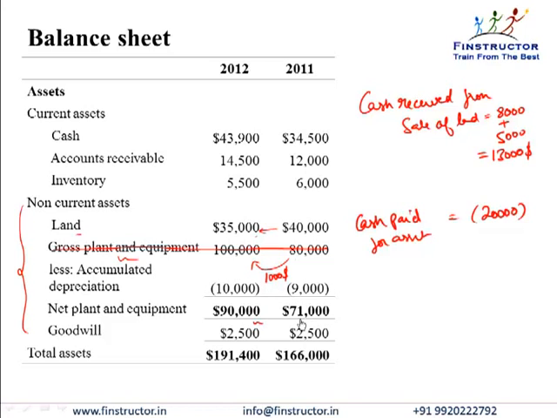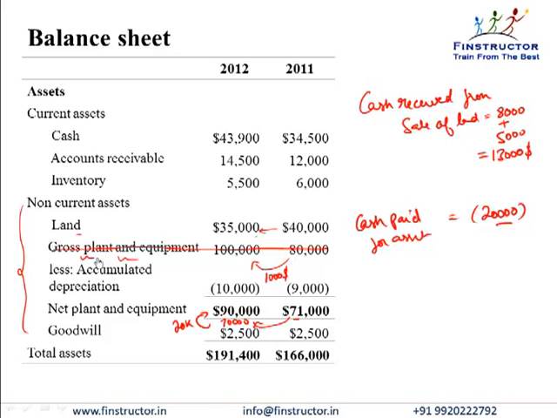So if I had done no acquisition, the net assets would have gone down from $71,000 to the extent of this additional depreciation, that is down to $70,000. However, the net plant and equipment has actually gone up by $20,000. This is possible only if I have acquired additionally worth $20,000.